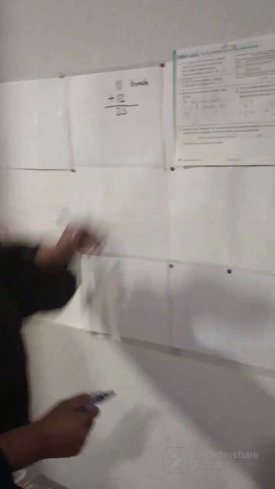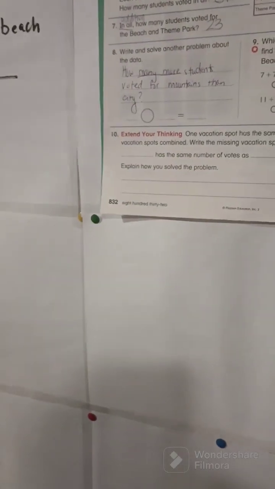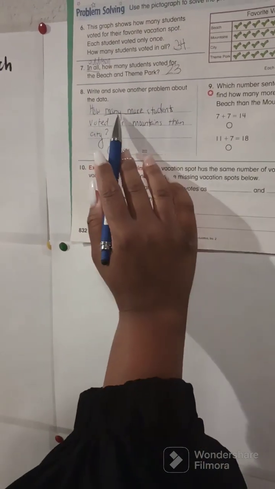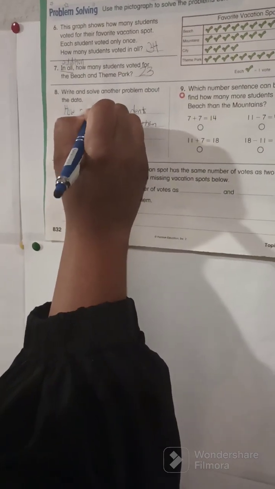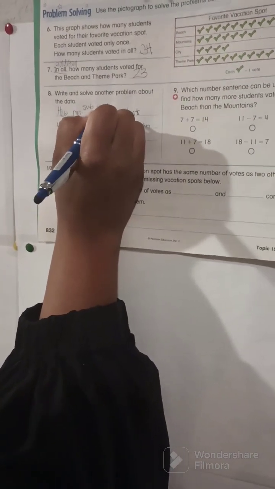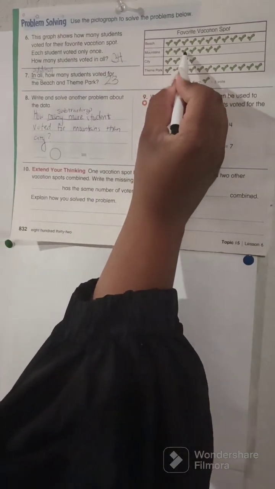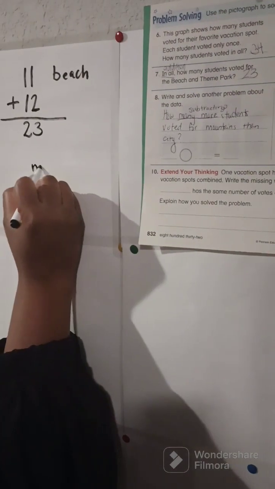Let's look at the keywords, many more. It did not say in all. It did not say all together. It said how many more. So we're going to do some subtracting there. So let's see, how many do I have for mountains? 1, 2, 3, 4, 5, 6, 7. 7 for mountain.